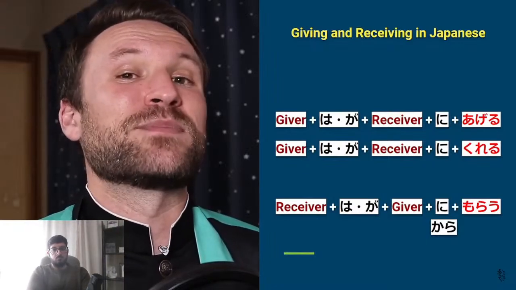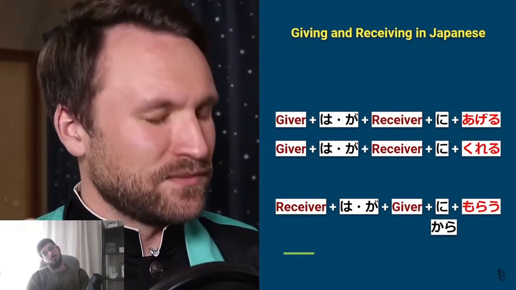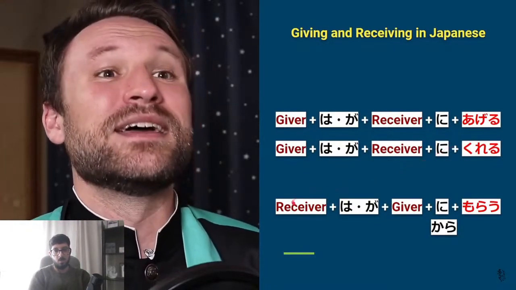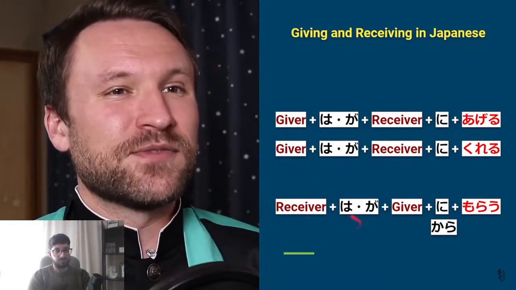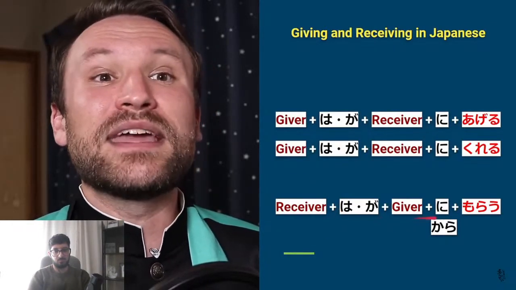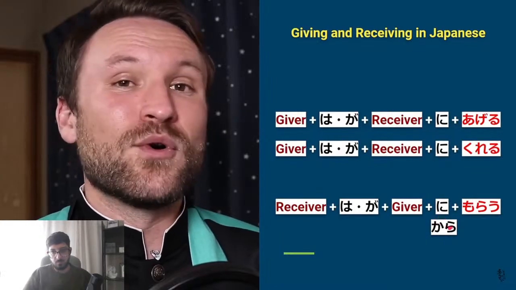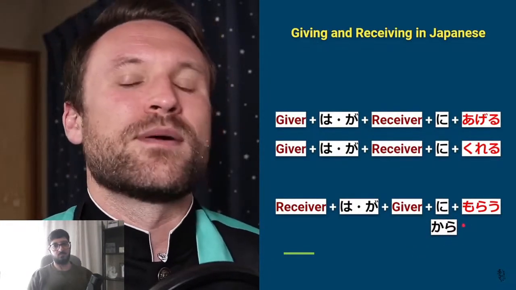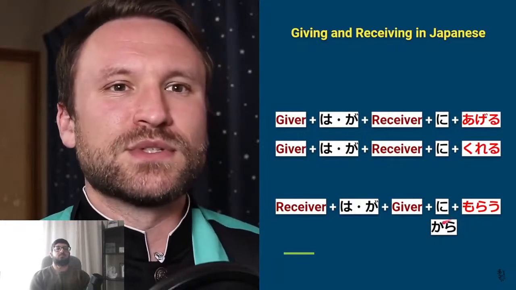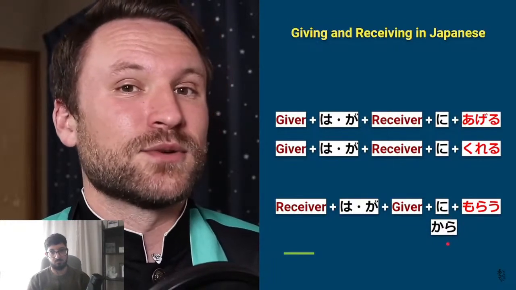That's for when people give something to you or someone very close to you. It'll make sense in a minute, I promise. For morau, which is to receive, the receiver comes first, marked by wa and ga, and the giver comes next, and you mark them with ni or kara. Kara is actually, I feel better using kara with morau. Yuki also tends to use kara more with morau, but ni is also perfectly fine.